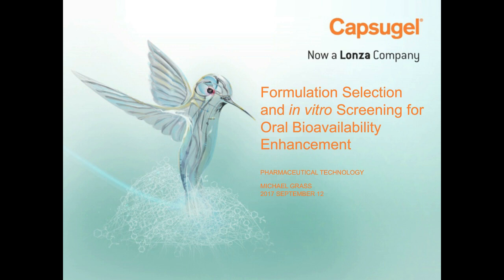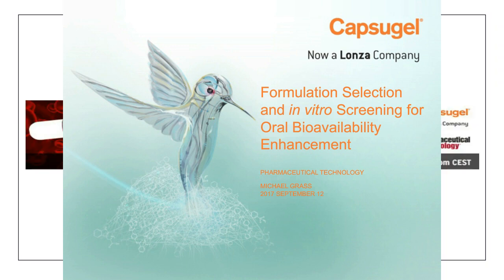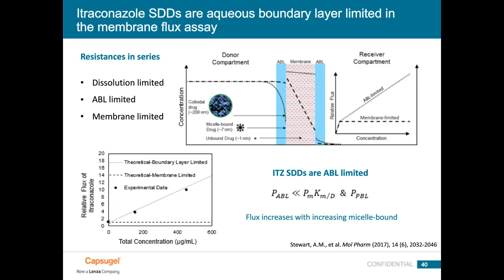Yeah, so the question was about the passage of colloids through the membrane. This slide here, slide 40, that's up on the screen right now, has a reference to a paper that was published where we really tried to look into what is the effect of colloids and micelles and the impacts that they have on permeation through the membrane.